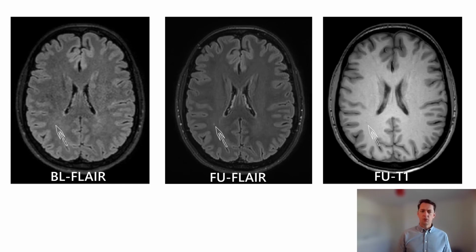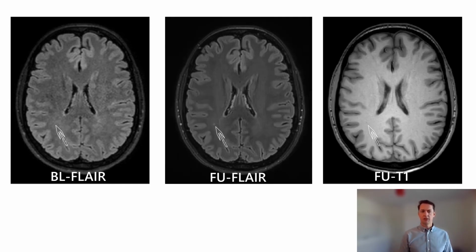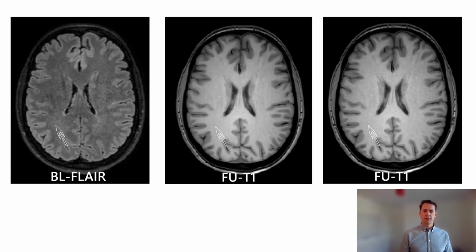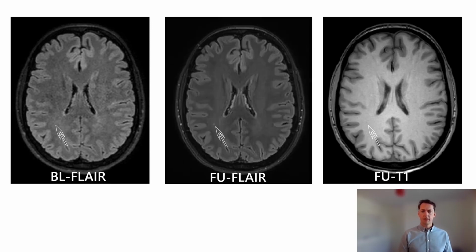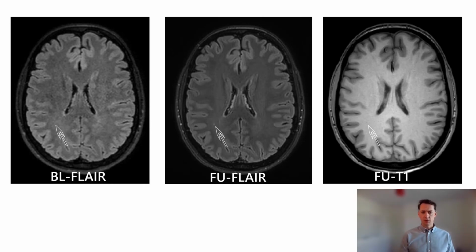Here you see the configuration of the MRI viewer we use to identify lesion activity. On the left side, we display the baseline FLAIR, in the middle, the follow-up FLAIR, and on the right the follow-up T1. All images are aligned, and the interactions with the images, like scrolling, zooming, etc., are automatically coupled, so that we always see corresponding slices.